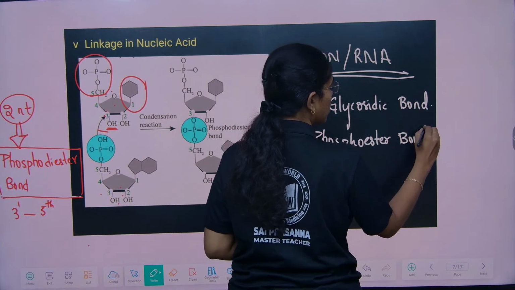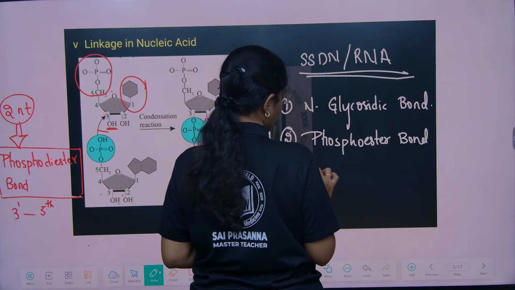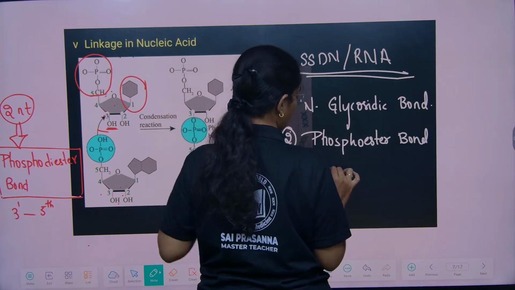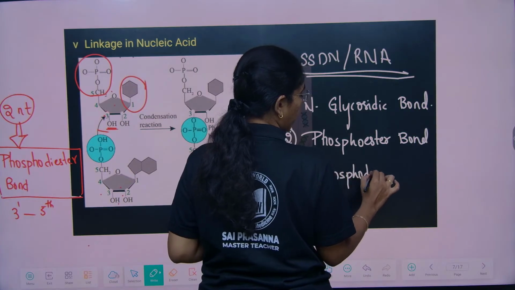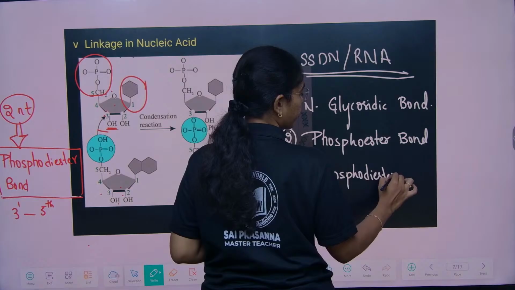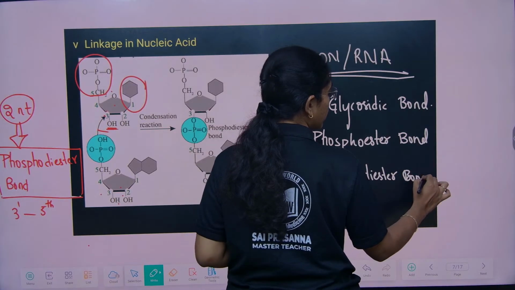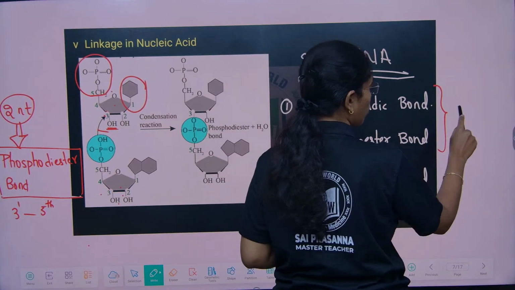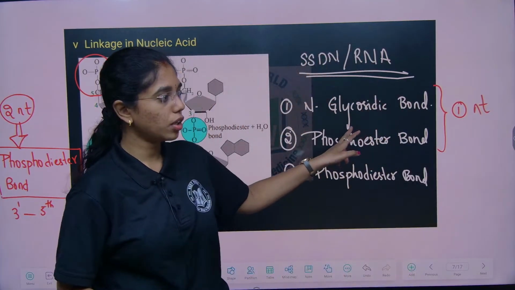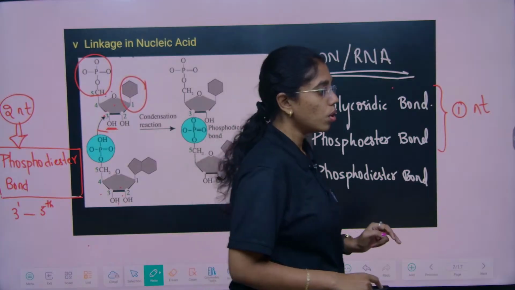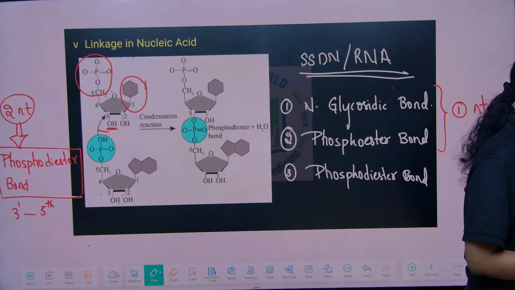And third bond is the phosphodiester bond. These are 3 bonds, sorry. These 2 bonds are enough for the formation of a single nucleotide. Got it? For the formation of a single nucleotide, these 2 bonds are enough.